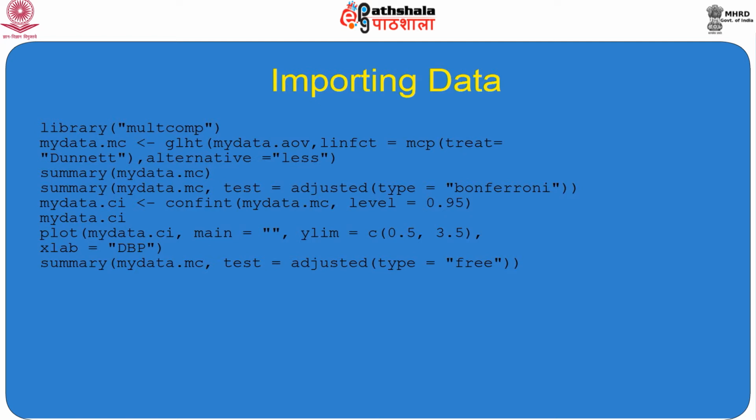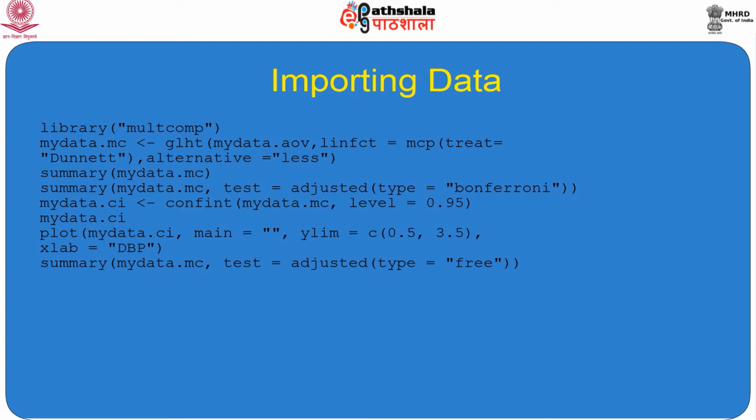Then we will use another function, the summary of mydata.mc, and this treatment test, Dunnett, will be replaced by the Bonferroni test. We will come to the reason for considering the Bonferroni test, and thereafter we will take mydata.ci and see the 95% confidence intervals, where the variation of the point estimates will be observed.